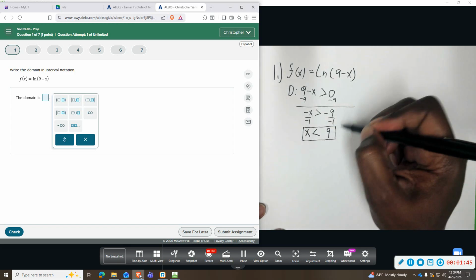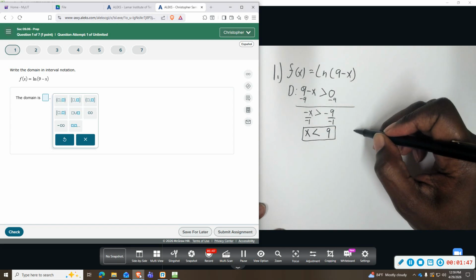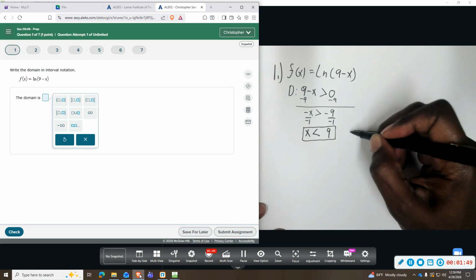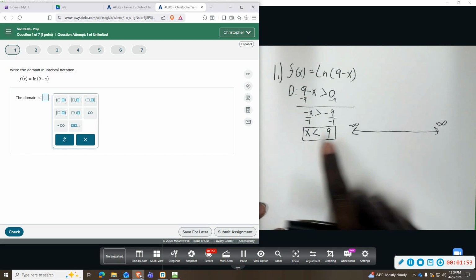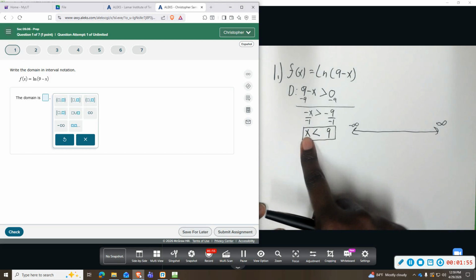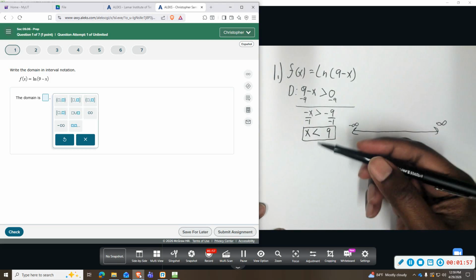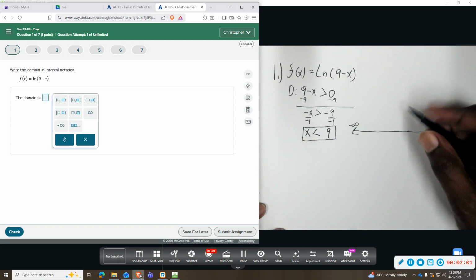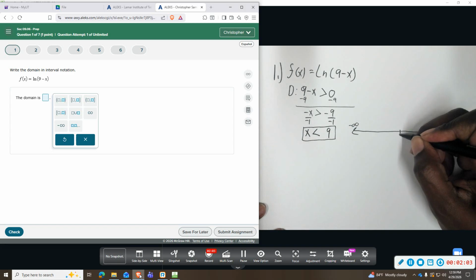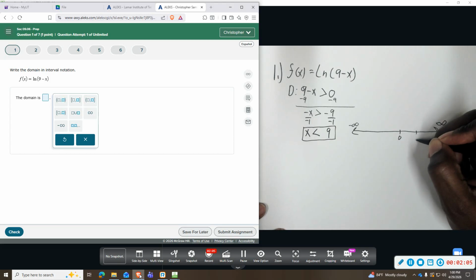Okay, if we want to put that in interval notation, we do a number line, going from negative infinity to positive infinity. As long as your variable x is on the left, which is where we normally put it, this inequality is kind of like an arrowhead pointing to the left. So let's say 0 is in the middle, and 9 is over here.